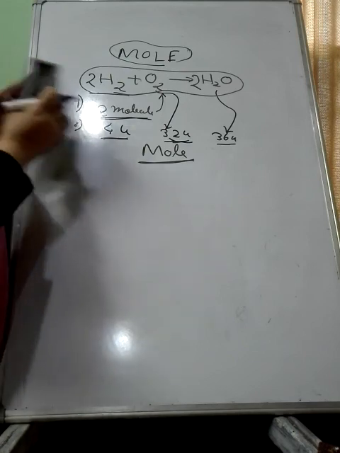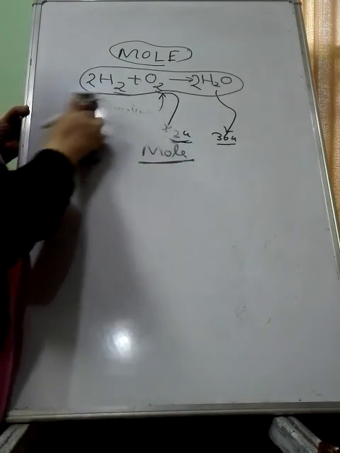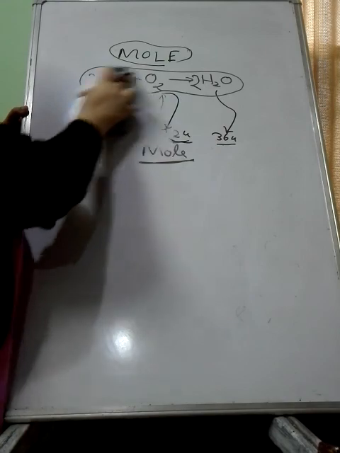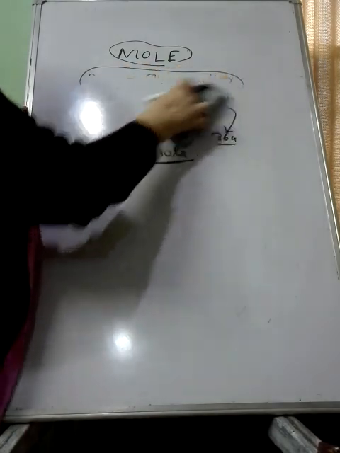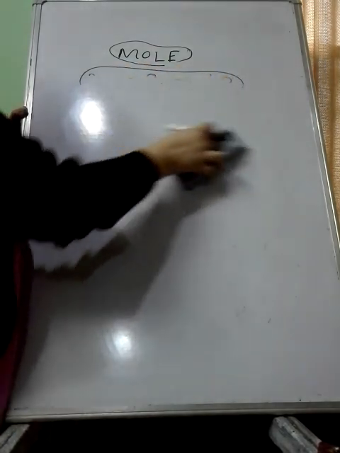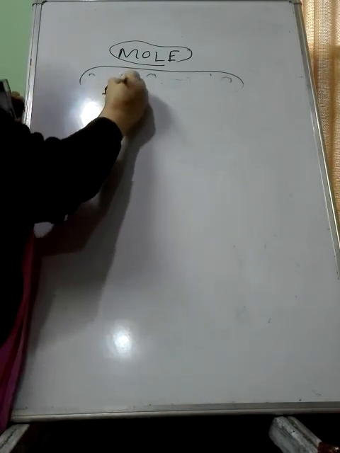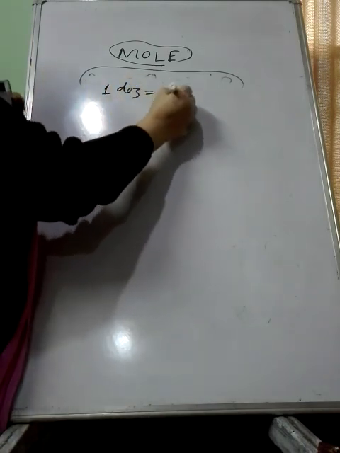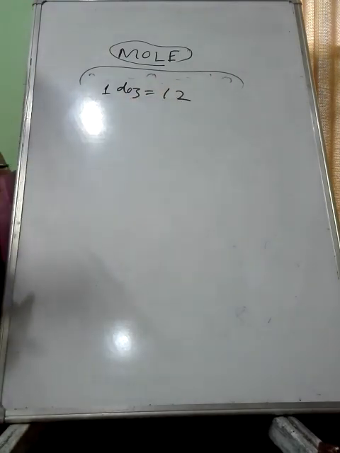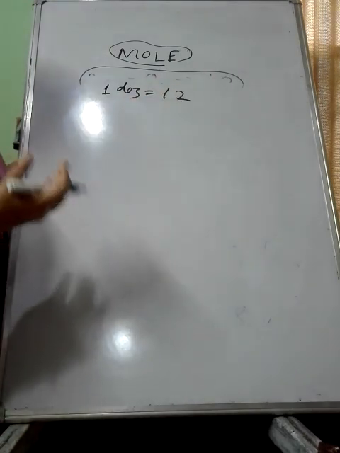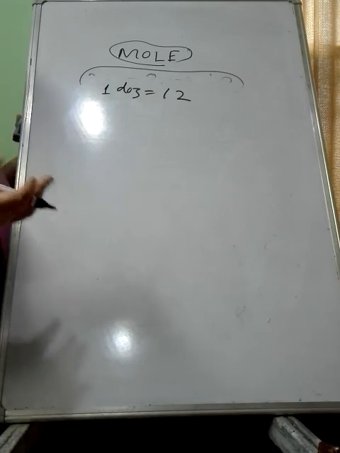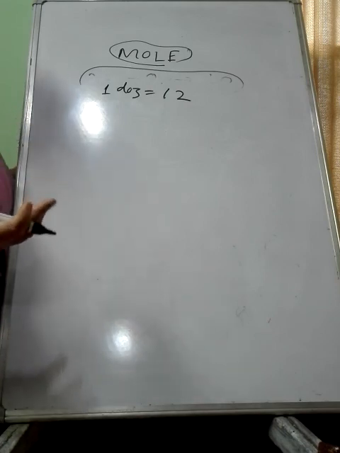Now what is a mole? Mole is a collective word like dozen and gross. You know, 1 dozen means 12. If you go to the shopkeeper to buy fruit and ask for 1 dozen, the shopkeeper will give you 12.